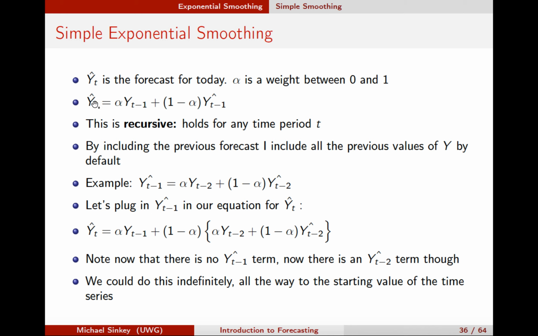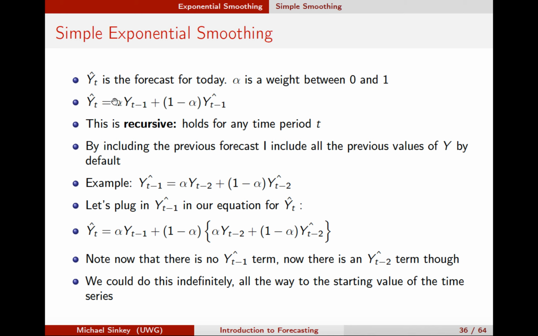So YT hat is equal to alpha, a percentage, a decimal between 0 and 1, times YT minus 1, plus 1 minus alpha times YT minus 1 hat. So the exponential smoothing forecast incorporates the data and the previous forecast. Let's just repeat that.